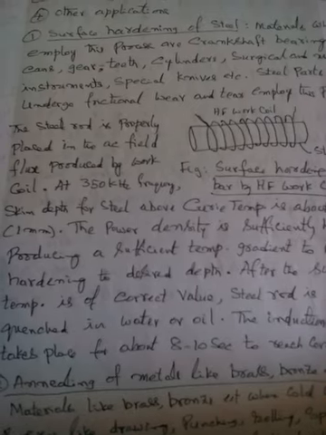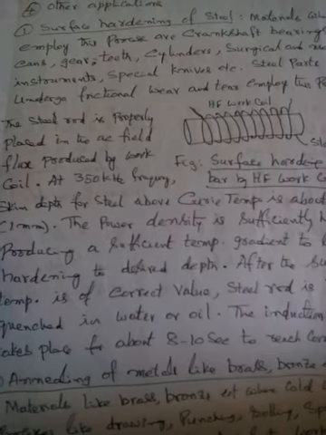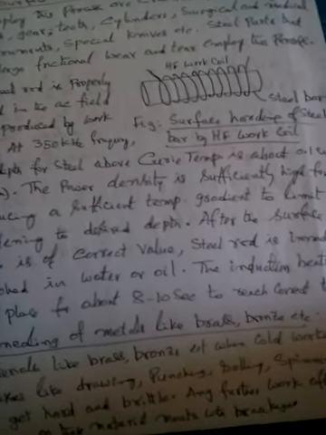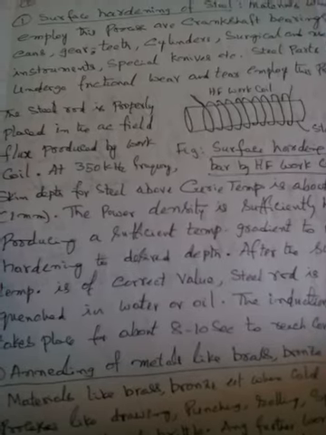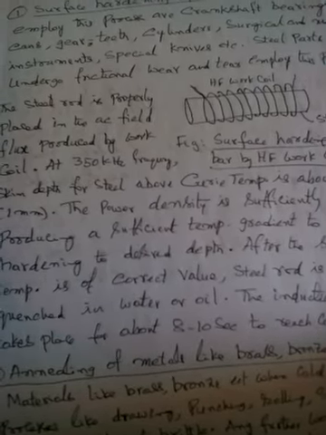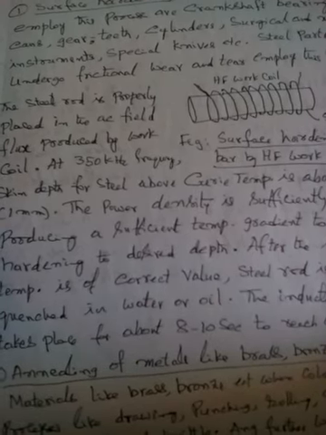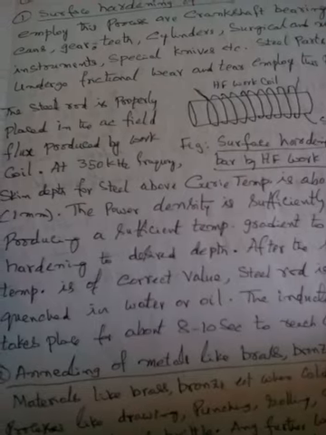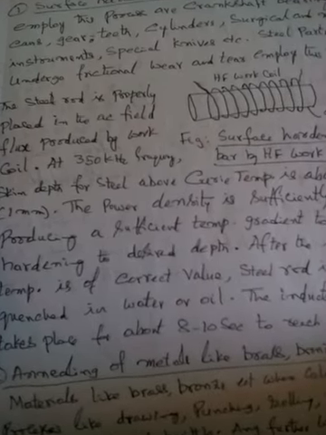At 350 kHz frequency, skin depth for steel above Curie temperature is about 0.1 centimeter, that is 1 millimeter. So if you are employing 350 kHz frequency and steel rod conductivity, if you calculate, we can find out what is the skin depth. Skin depth, it is about 1 millimeter.